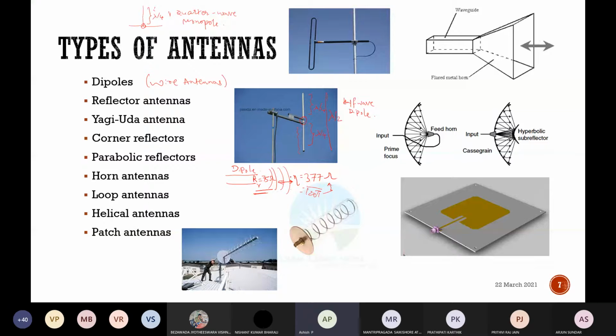So this is the free space impedance, and radiation resistance is a term which is also an antenna parameter. Actually that resistance is an imaginary resistor. So it's not there in practice. In reality, that radiation resistance is not there, but it is the resistance which this antenna is facing in order to radiate the energy into the electromagnetic medium.